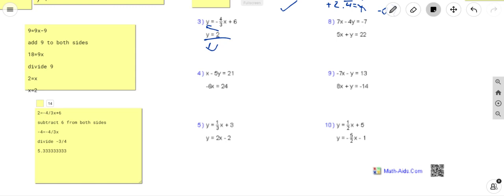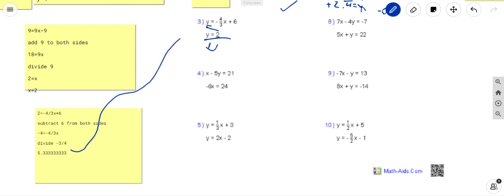Okay, so we know this is 5.3 repeating. Yeah, we would multiply it by this, add it with 6, and see if it equals 2.